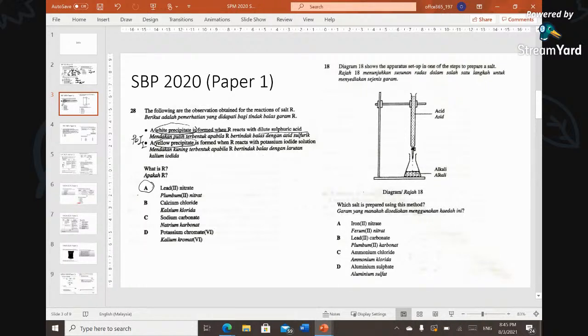Then the next question, question number 18. It shows the apparatus set up in one of the steps to prepare a salt. So they use the titration method. The titration method you use for soluble salt. So how to know which one is a soluble salt?